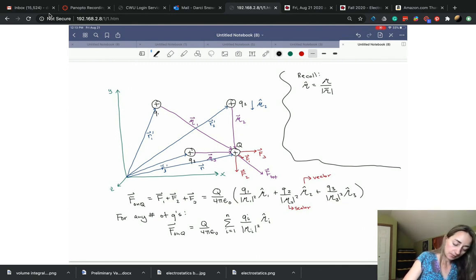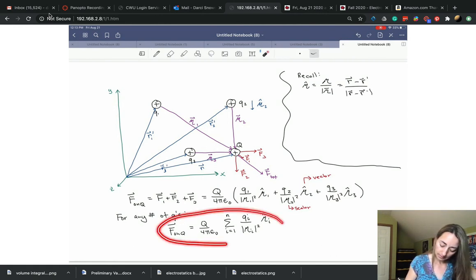And each one of those is going to be r minus r prime over the magnitude of r minus r prime. So if I go back and look at this particular formula here, this here is still going to be the same as this.